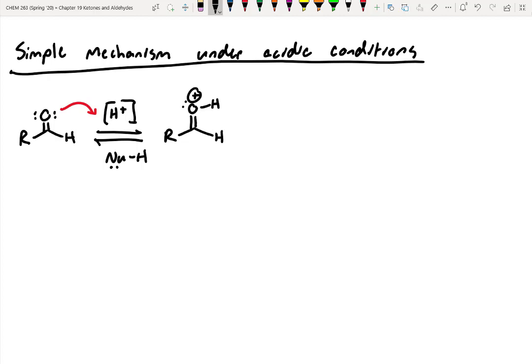All right, in the next step, we still have that nucleophile. And the nucleophile now can just attack that same electrophilic carbon. In this case, it's actually more electrophilic because the oxygen's now got a positive charge, and kick electrons up to that oxygen.